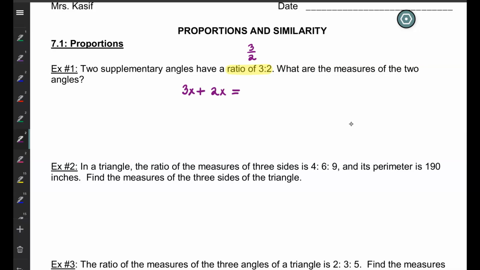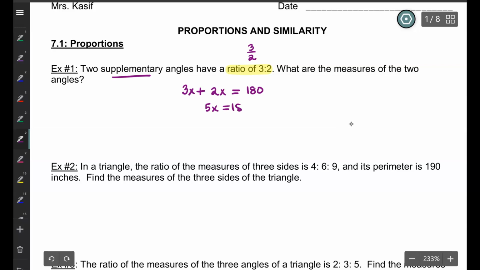Now, supplementary, we know that these two angles have to equal 180. So now that we have our algebraic equation, we're going to just go ahead and solve. We're going to add those together. We get 5x equals 180. And then we're going to divide by 5, and we're going to get 36.